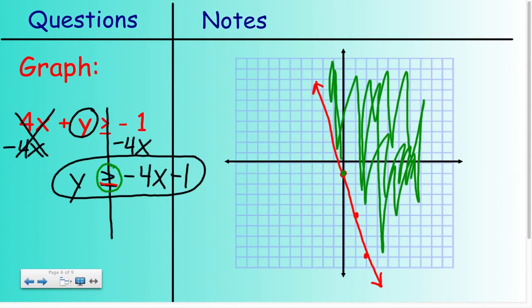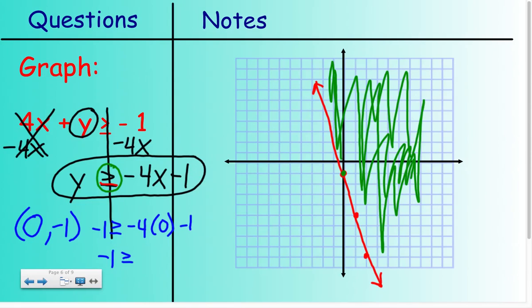So everything that's shaded in the green area would be a solution. Now notice if I take a coordinate point from my line this time, because I have a solid line. So let's pick 0, negative 1. If I take 0, negative 1 and plug it in, I'd have negative 1 is greater than or equal to negative 4 times 0 minus 1.